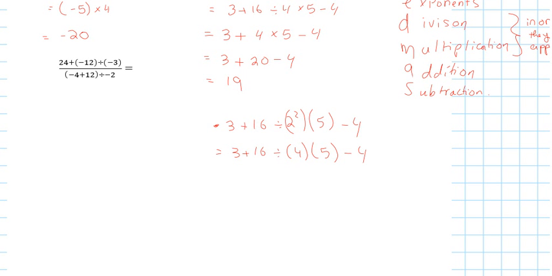Okay? Now, here's the thing. There are some calculators, if you enter this whole thing in the calculator, it's going to give you 19. And there are other calculators that are going to give you a different answer. The other calculators are actually following that you have to do the brackets first, then you do 16 divided by 20.